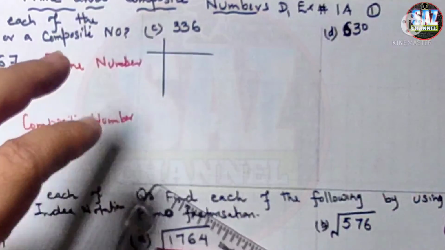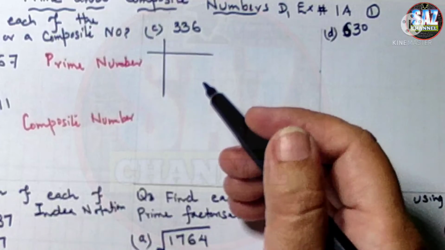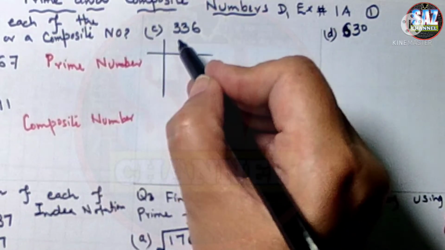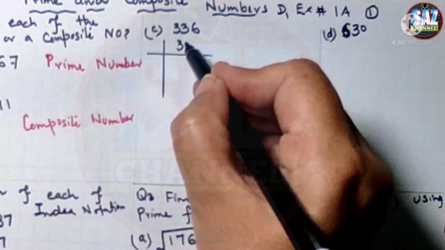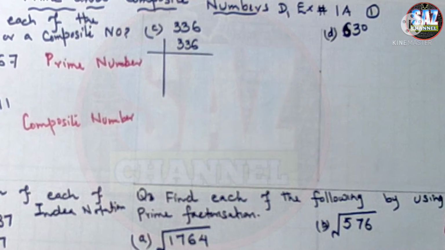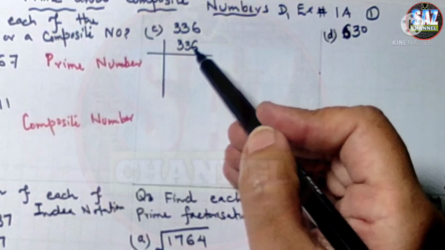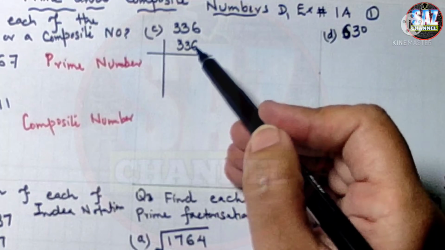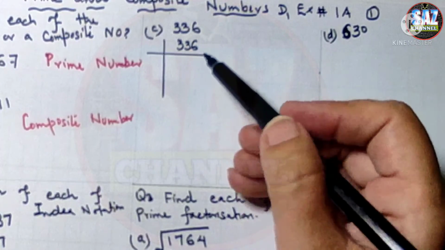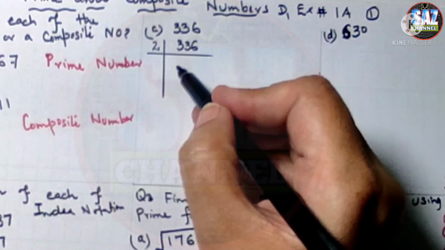I'm going really slow in these lessons because basically I'm making these lessons for my class 6-7 students, and then my O1, O2 and O3 students can also get benefit from these lessons. As the unit digit is 6, which is even, and that is divisible by 2, so 336 can easily be divisible by 2.